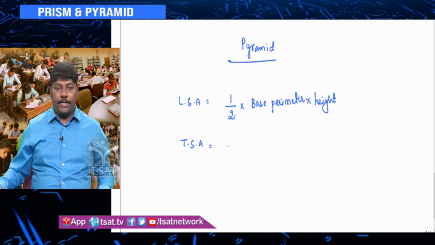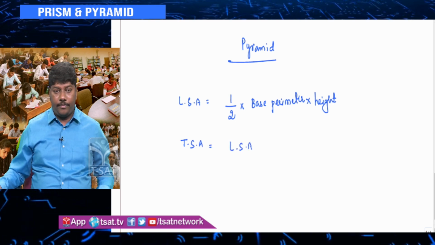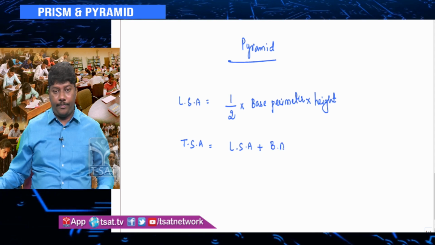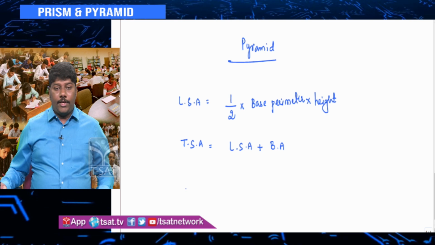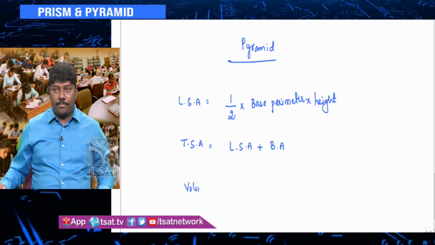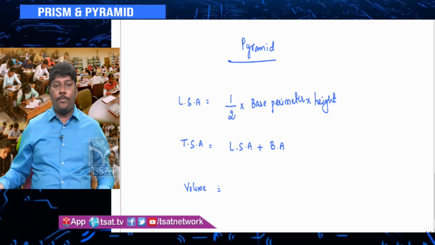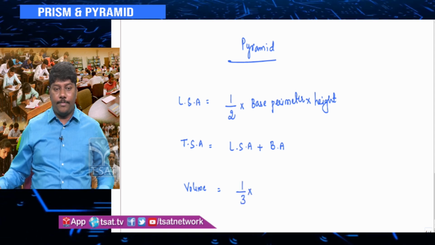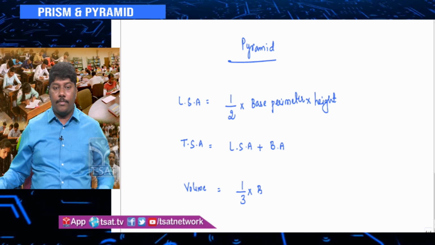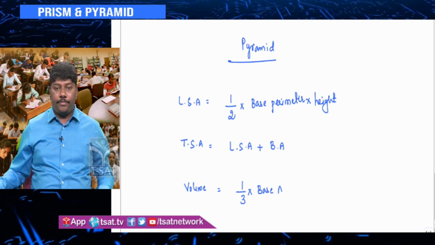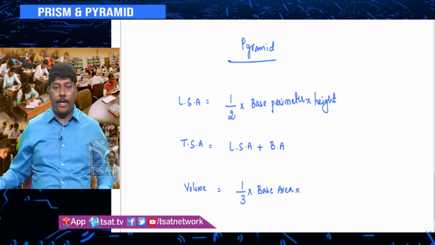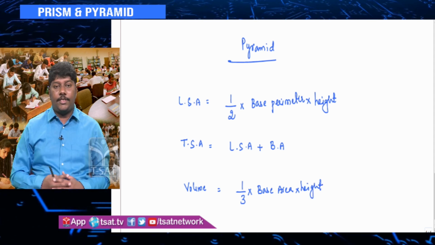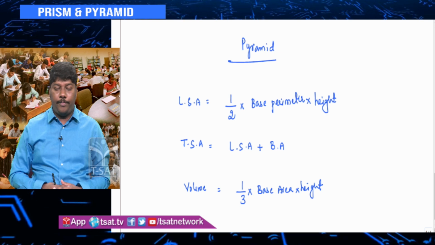Total surface area is the lateral surface area, along with this you just need to add the base area. What is volume? Volume of the pyramid is exactly 1/3 of the volume of the prism. What is the volume of the prism? Base area, you multiply it with height. So, these are the formulas related to the pyramid.